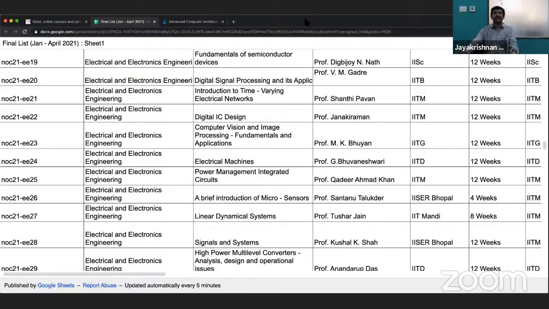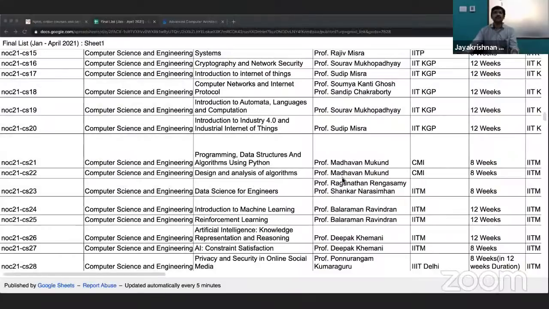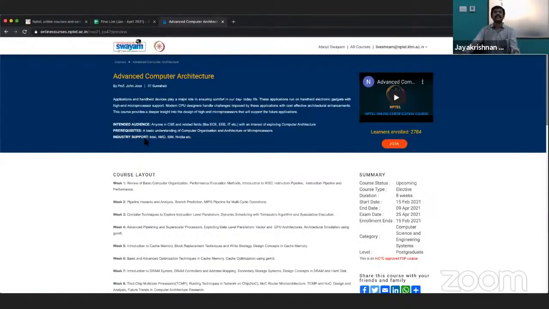Okay, let me just give you an example of what we mean by a job oriented course. In every course, there will be something that we say about it. If you go to the course page, I've already showed you the course page, and in that we have something called industry support.